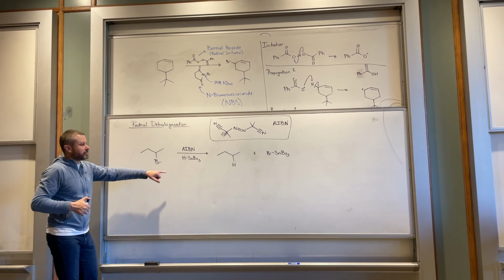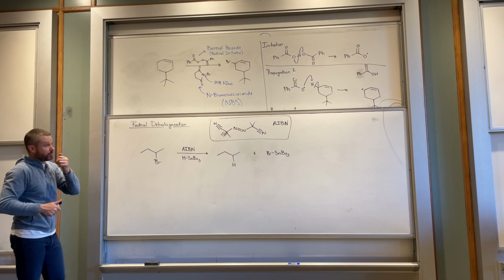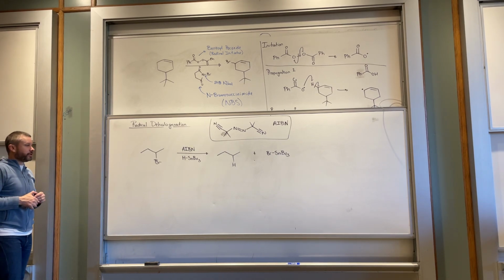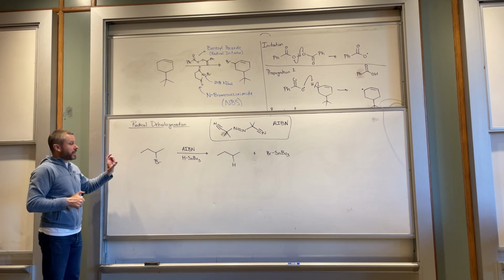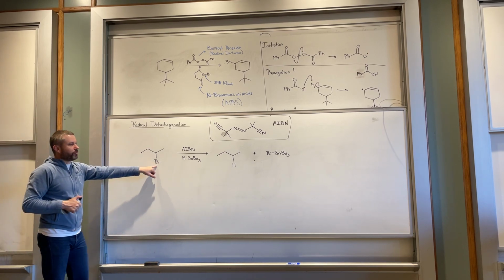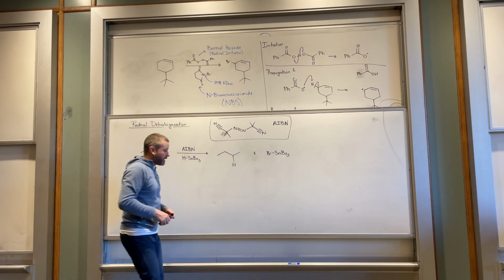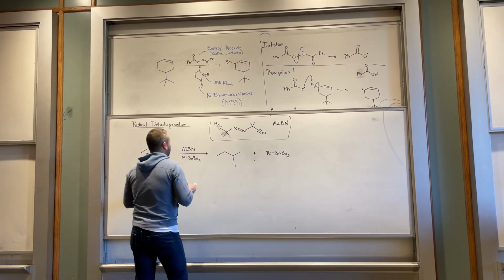Tributyltin hydride is a reagent that we're going to see a couple of times in this chapter. Really useful reagent for radical chemistry. And we can get a substitution of that bromine with a hydrogen. Right? In this case, the AIBN is going to be a radical initiator.